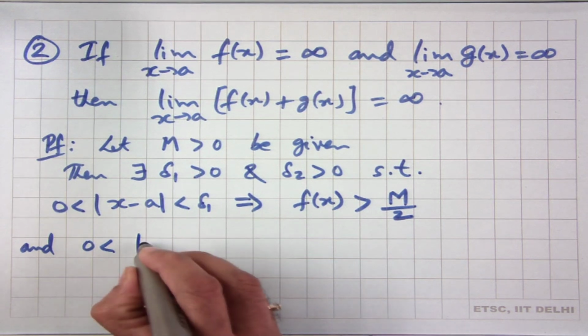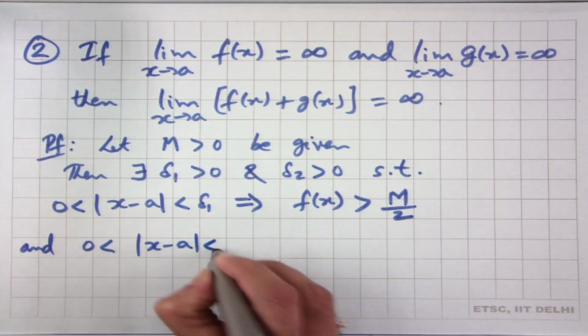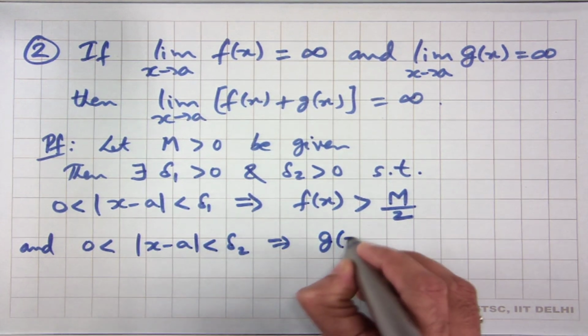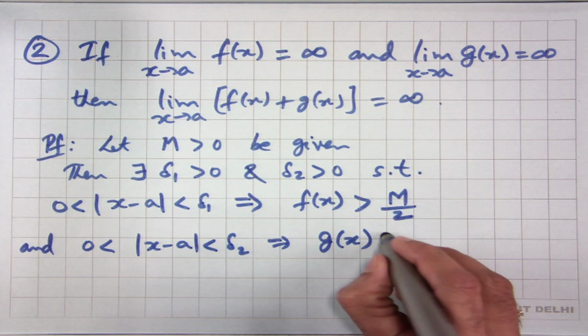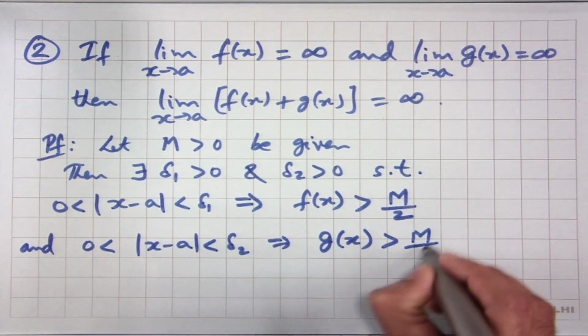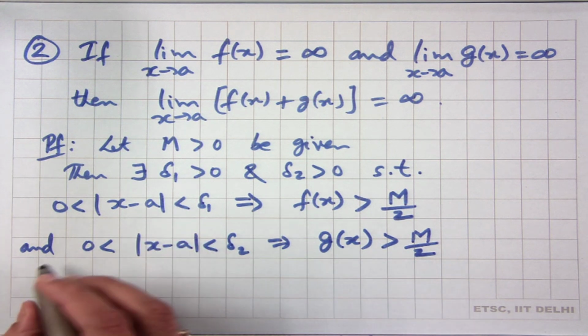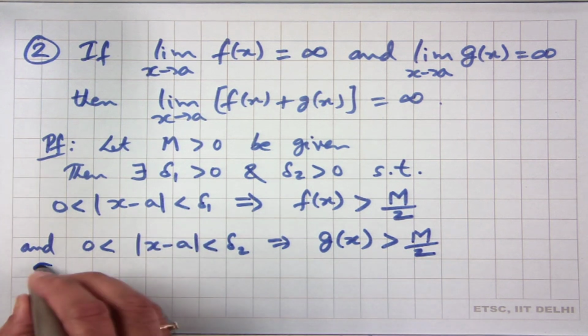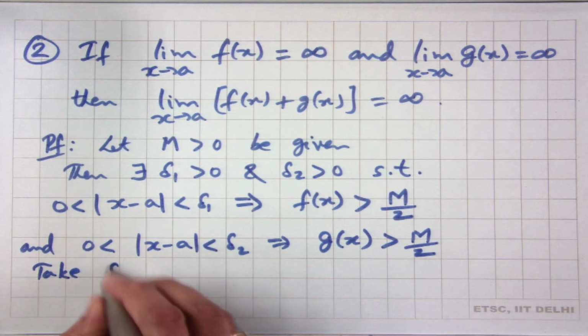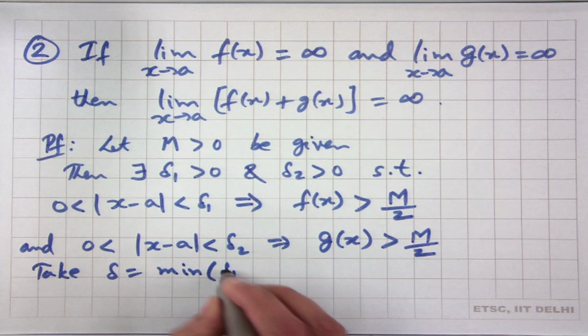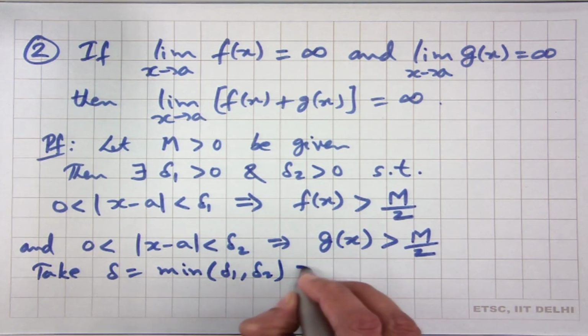If mod x minus a is less than delta 2, then since the limit of g of x is also infinite, I can make g x bigger than m by 2. Then take delta equal to again the minimum of delta 1 and delta 2, which is positive.